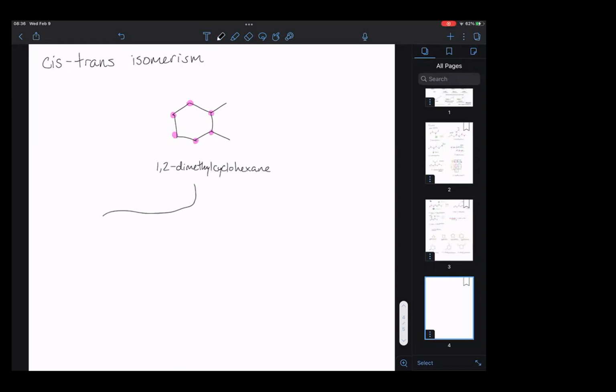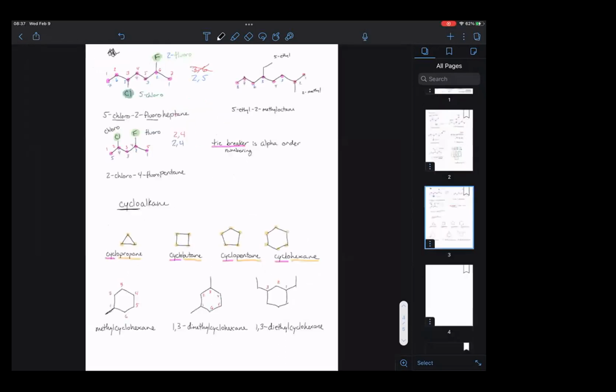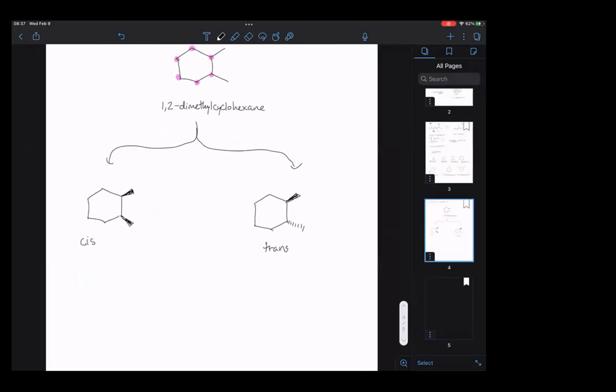This actually could be one of two different structures: either what we would call the cis structure, or isomer, or the trans isomer. Okay, this pair is a pair of what are called stereoisomers.